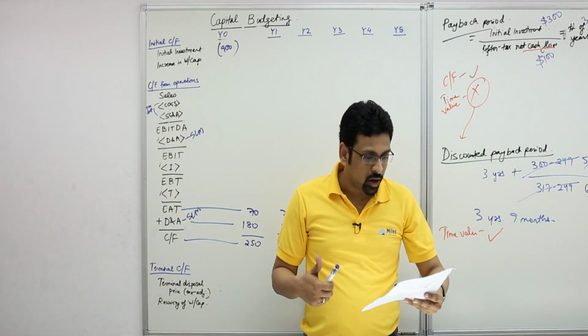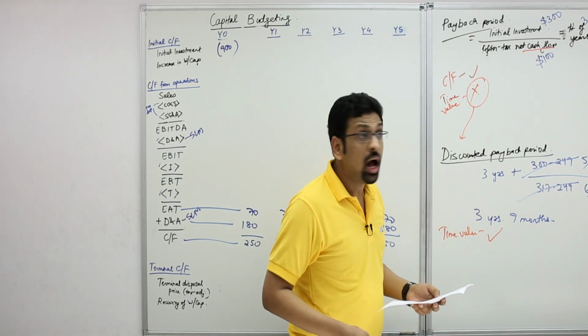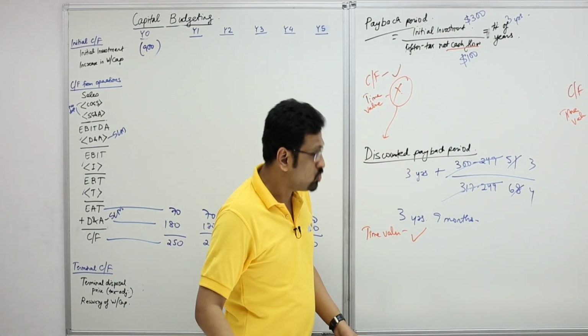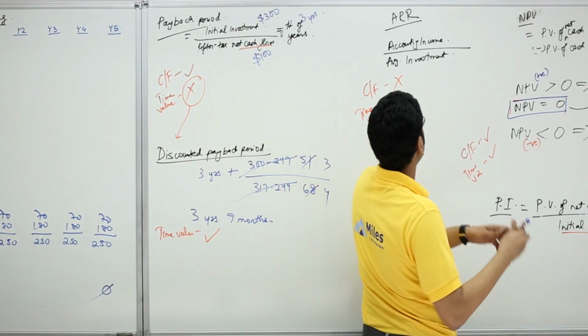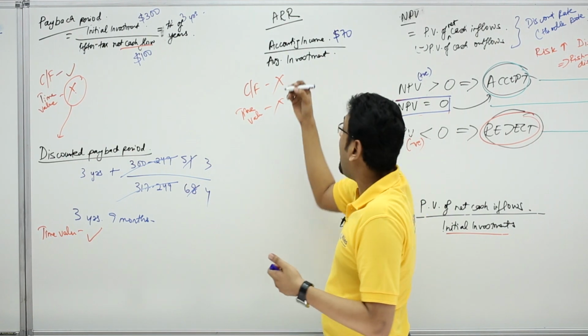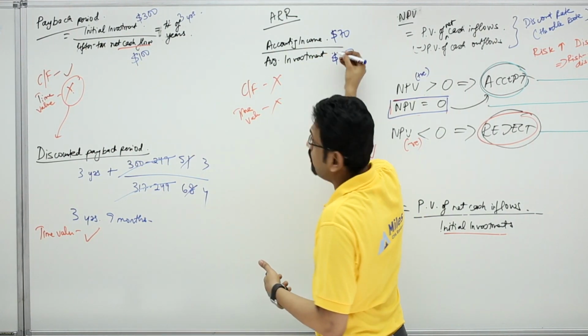Now they've given you a hurdle rate of return, a present value information. Let's first do accounting rate of return, where we would use this accounting profit. So you have accounting income $70. The average investments, we'll use the initial investment number because that doesn't change, $900.